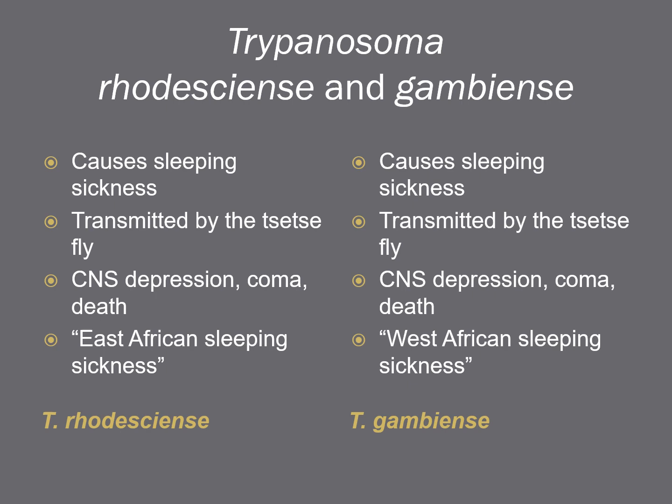Both have central nervous depression as part of their symptoms. Coma and death are other symptoms and signs as well. The only difference really is that Trypanosoma rhodesiense causes East African sleeping sickness, and Trypanosoma gambiense causes West African sleeping sickness. Let's take a look at their life cycles in the next slide.